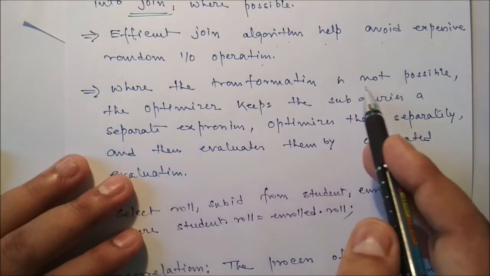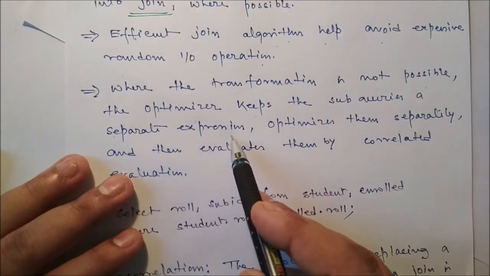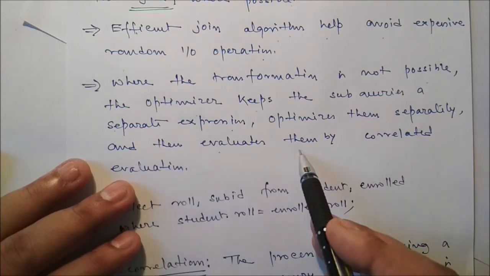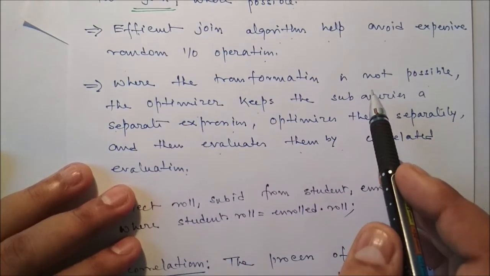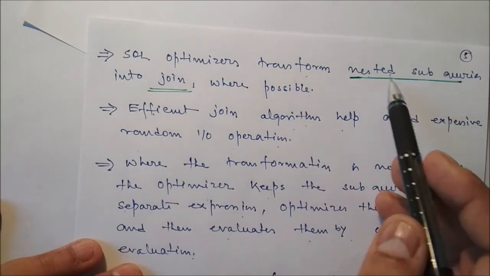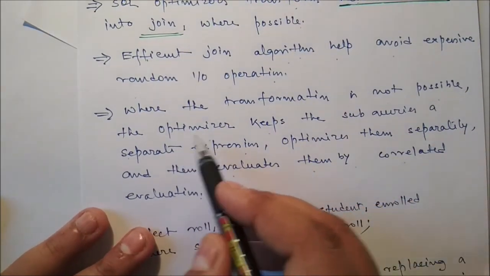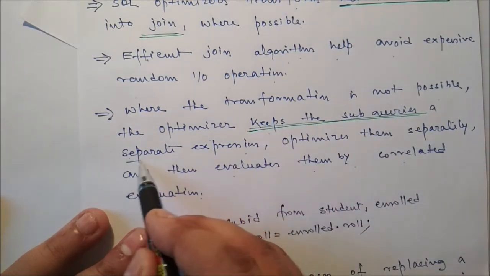Where the transformation is not possible, the optimizer keeps the subqueries as a separate expression and evaluates them by correlated evaluation.